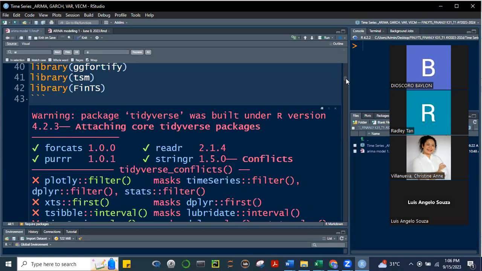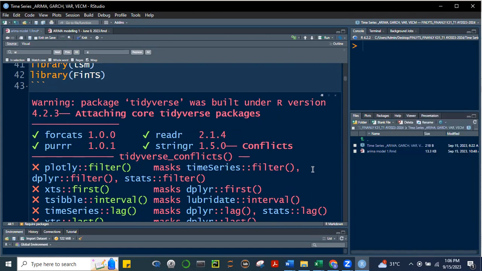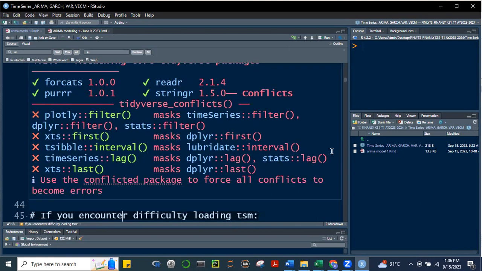For example, when you load tidyverse, it will automatically also load ggplot2, dplyr, readr, purrr, and other packages with it, lubridate, etc.